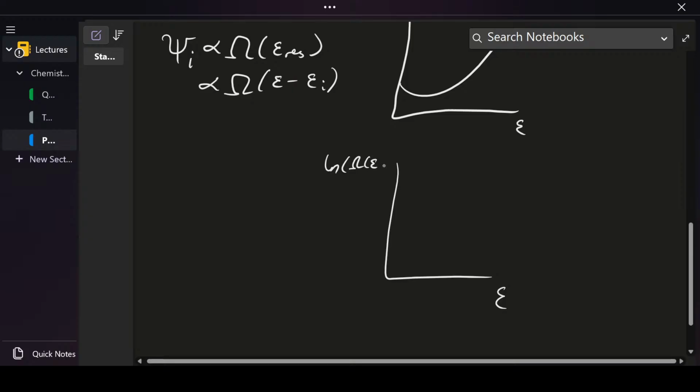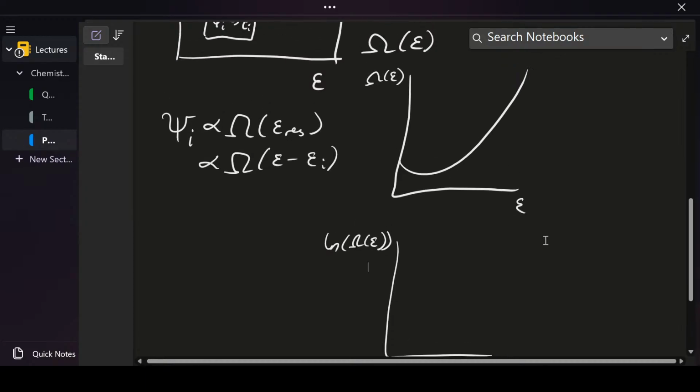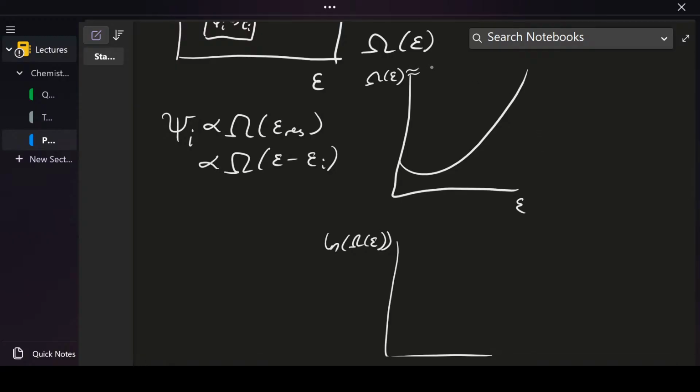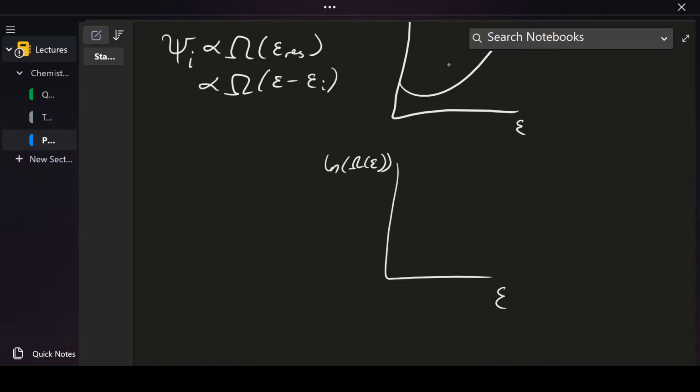And so if we were to consider the logarithm of omega of epsilon, we said it's probably got some factorials in it, or some exponents, so this is approximately equal to epsilon factorial. The logarithm of it, we're going to approximate using Stirling's approximation, which is just a mathematical result I'm going to give you: the logarithm of x factorial is approximately equal to x ln x minus x.